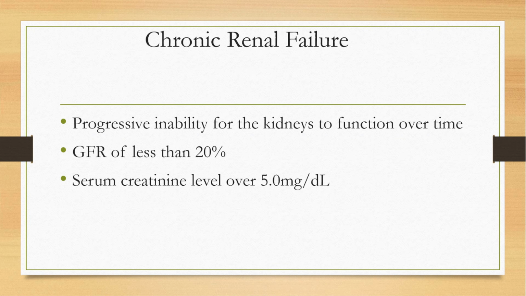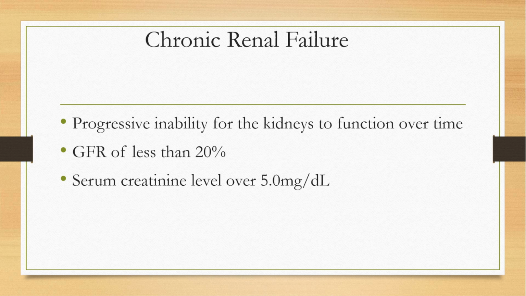Chronic renal failure or chronic kidney disease is where the kidneys progressively lose their ability to actually filter. That's their primary responsibility. So over time, they lose their ability to filter. There is, in your book, on page 1106, a table that shows you that there are actually 5 stages of chronic kidney disease.